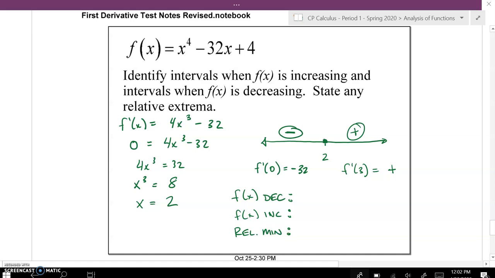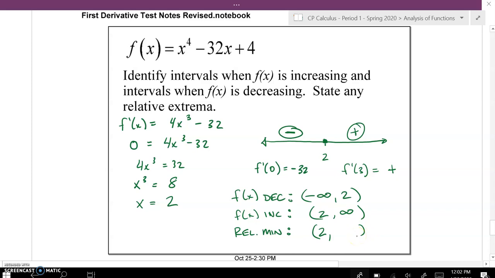Going down, stopping at a point, which is 2, and then going back up. So my decreasing interval would be negative infinity to 2. My increasing part of the function would be from 2 all the way to infinity. And then my relative min in this case is going to be at 2, something.